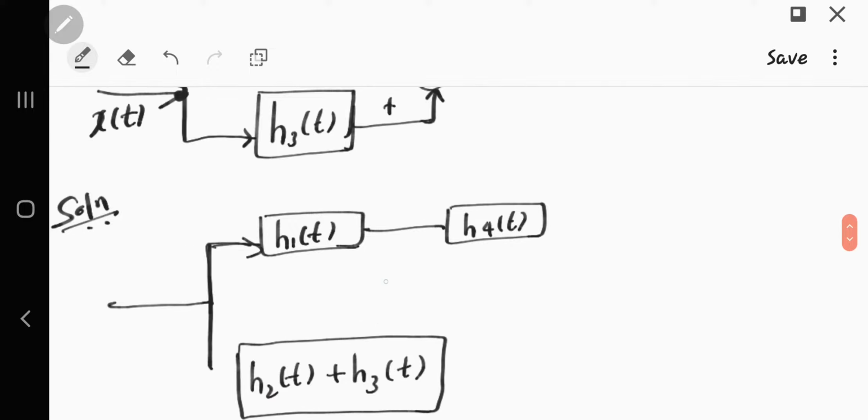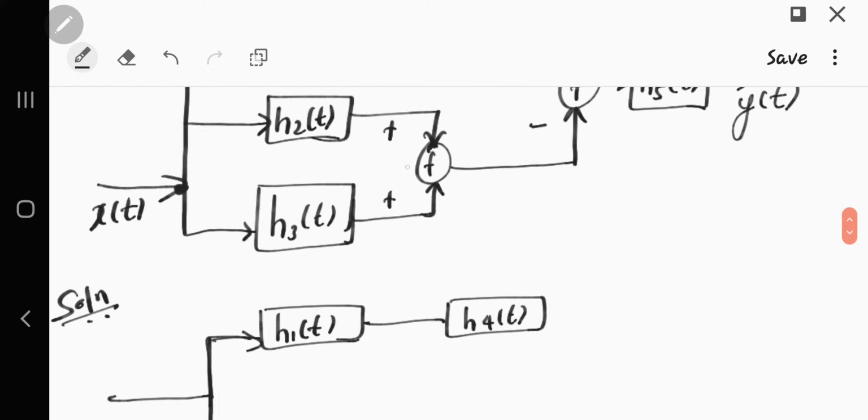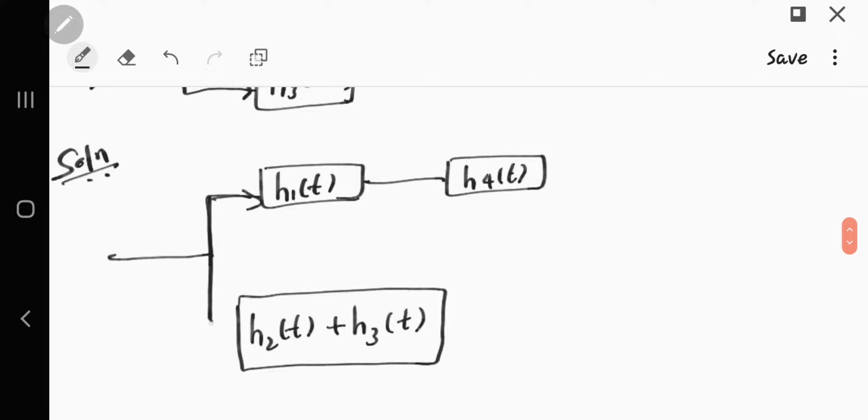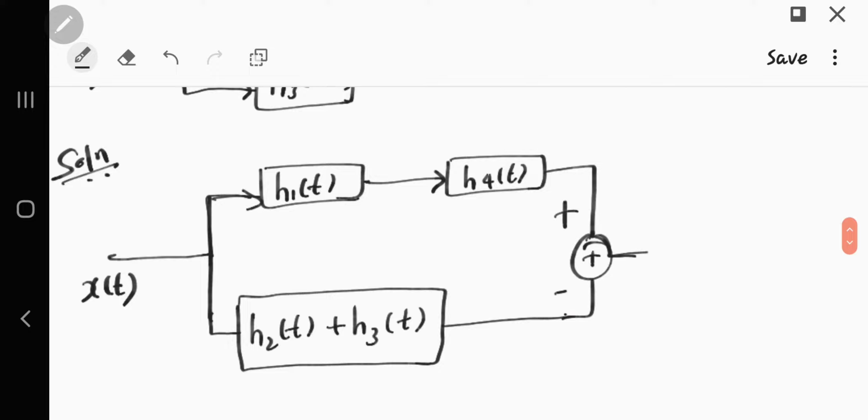Why have I written plus here? We have to perform addition since both have plus and plus here. So that's why h2 of t plus h3 of t. Now this is again to be added here. So this is h5 of t and this is the output.